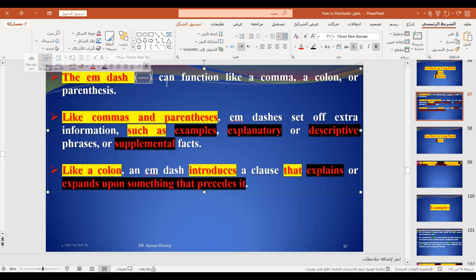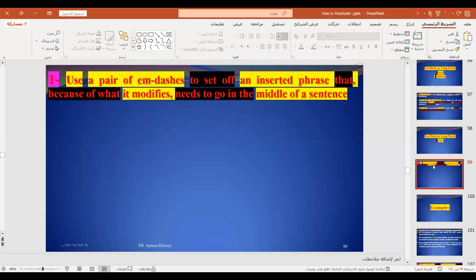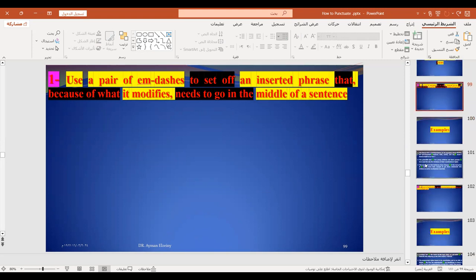Like a colon, EM dash introduces a clause that explains or expands upon something that precedes it. The first use of EM dash: use a pair of EM dashes to set off an interrupting phrase that, because of what it modifies, needs to go into the middle of the sentence.